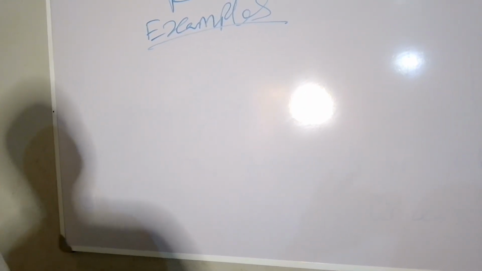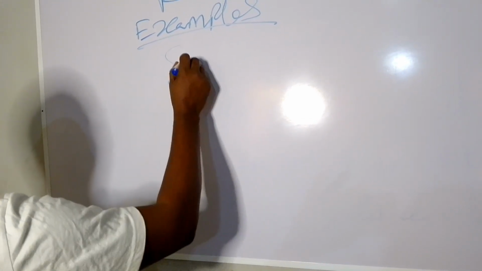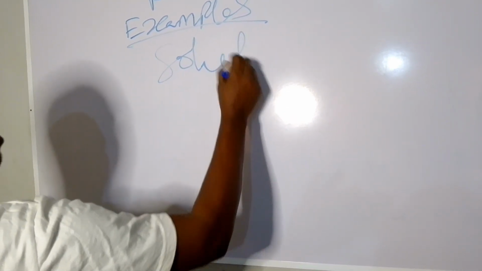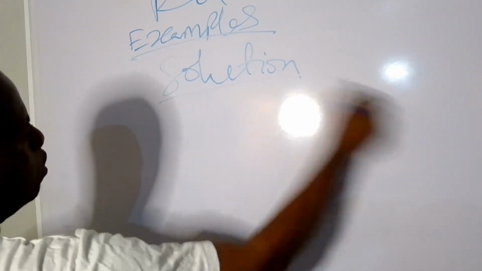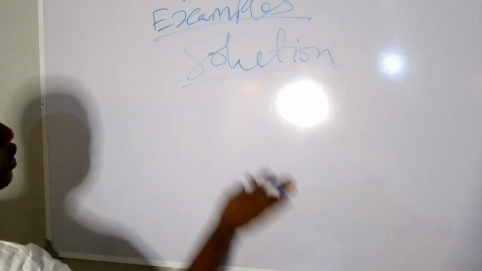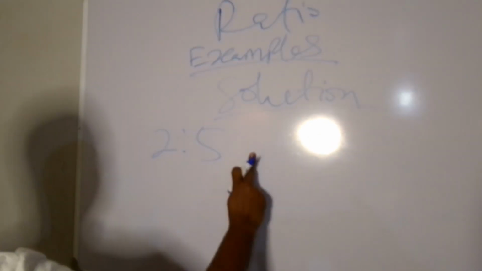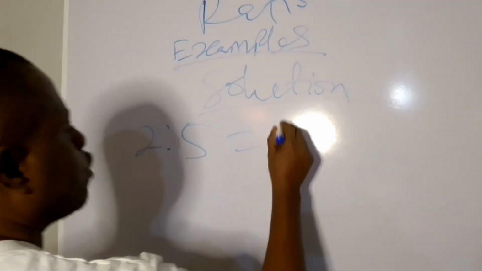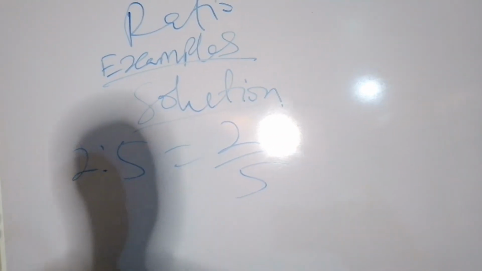You always start with the word solution. Each time you want to solve any problem, start with solution. In the question, they say the ratio of boys to girls is 2:5, and there are 40 boys. This 2:5 can be written as 2/5.